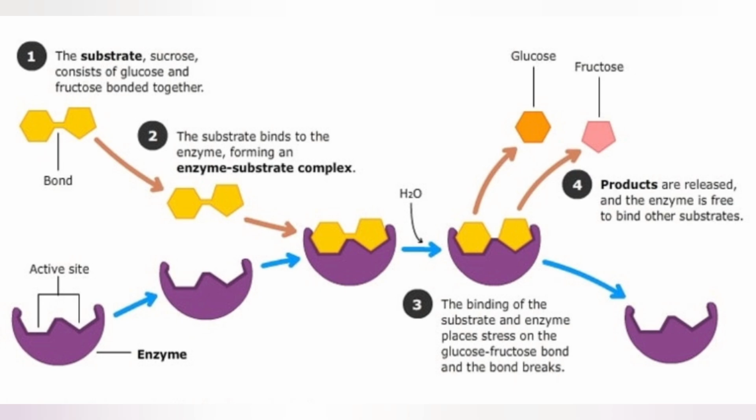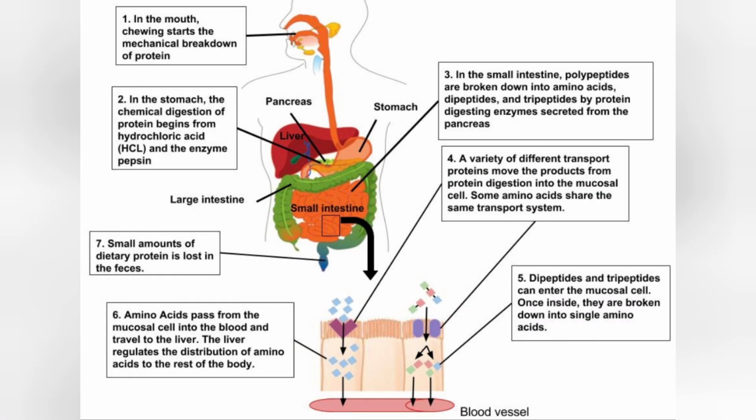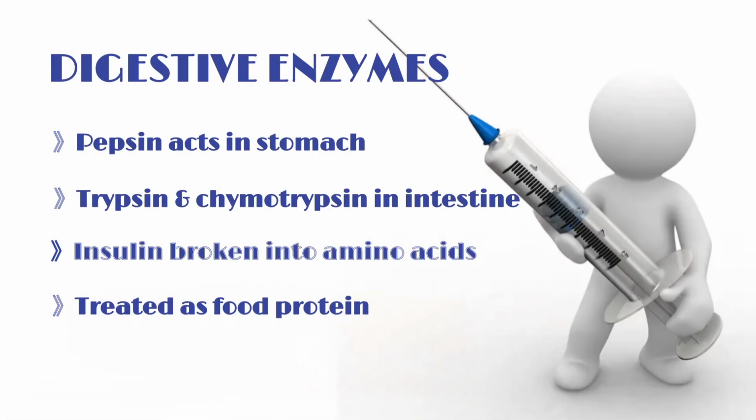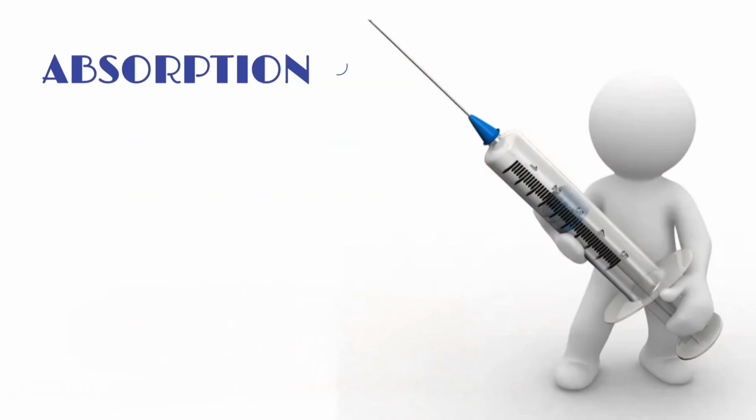Insulin is treated by the body as a dietary protein, not as a drug. These enzymes rapidly degrade the insulin, preventing it from remaining intact and functional. As a result, no active insulin reaches the systemic circulation.